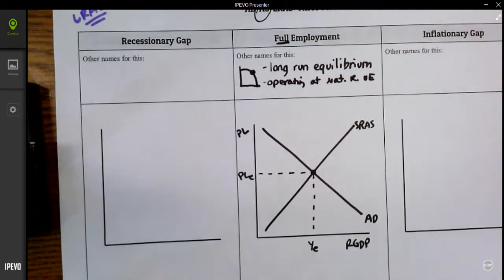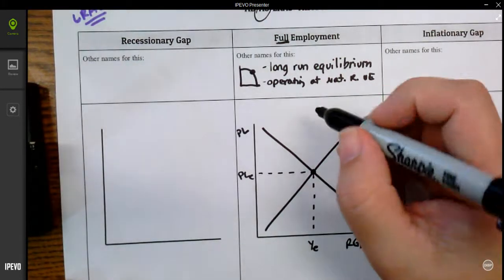If you recall from Unit 2, the natural rate of unemployment is when we have no cyclical unemployment. So there's no recession and there's no inflationary gap. We just have only frictional and structural unemployment, and the unemployment rate is about 4 to 6%.